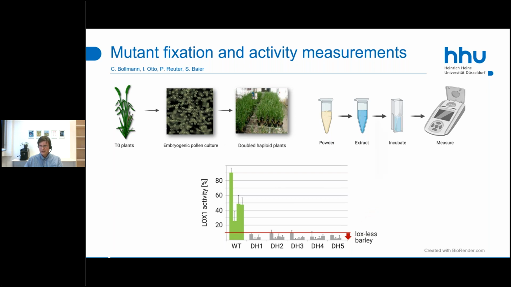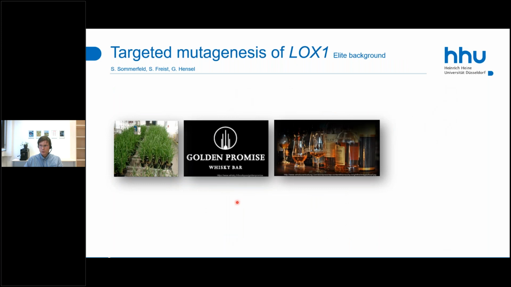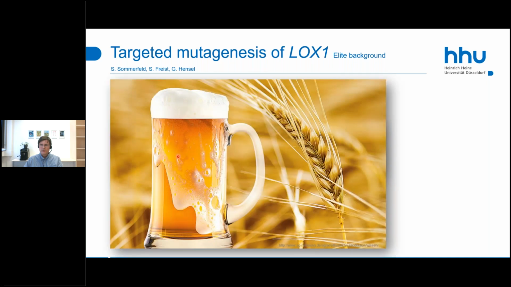Some of you may know that Golden Promise, our model cultivar, is mainly used for whiskey production, but I told you something about beer. So of course, this would not be a useful genotype. We repeated our experiments with some elite barley material, and I don't want to bore you with more sequencing results.